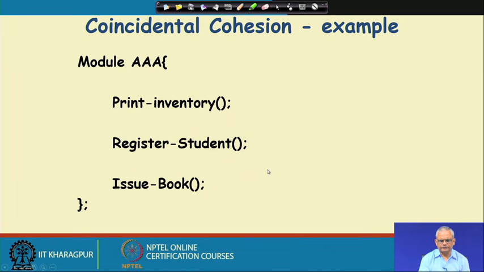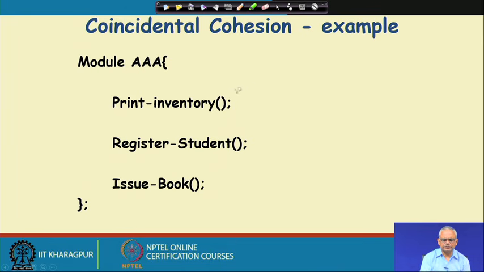Just to give an example, let us say we look at one module, named AAA, and it contains the functions print inventory, register student, issue book. These correspond to functionalities required by various requirements.